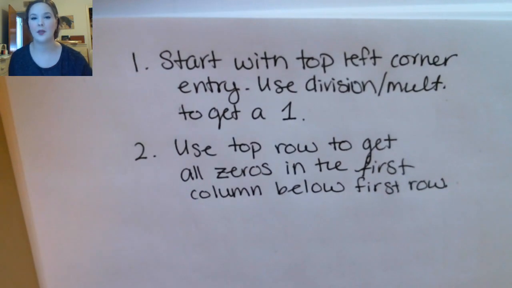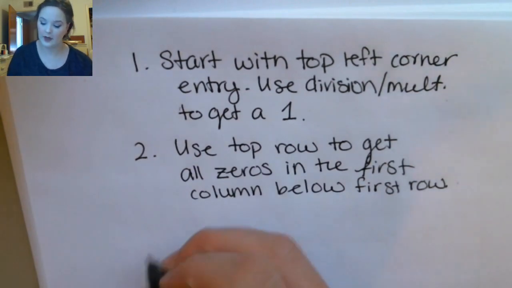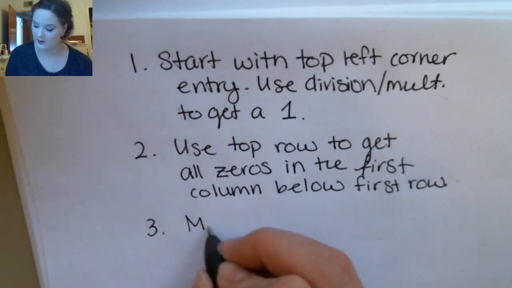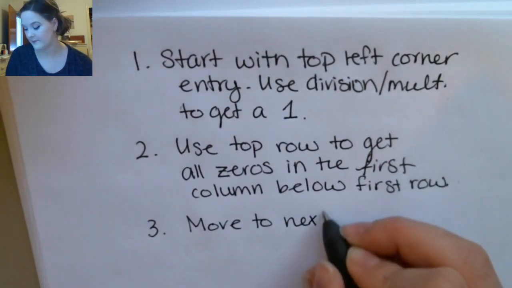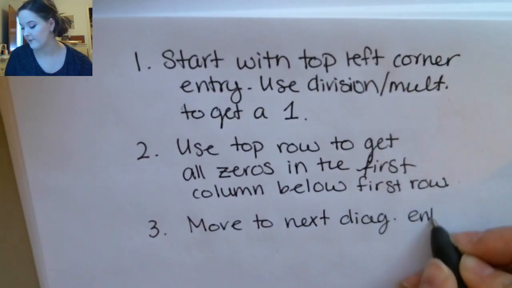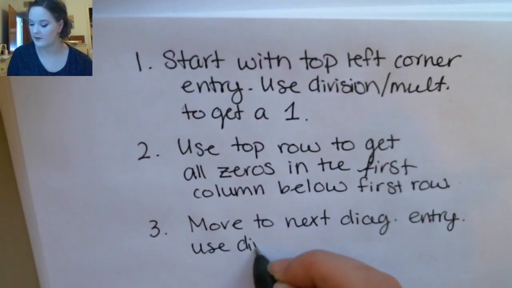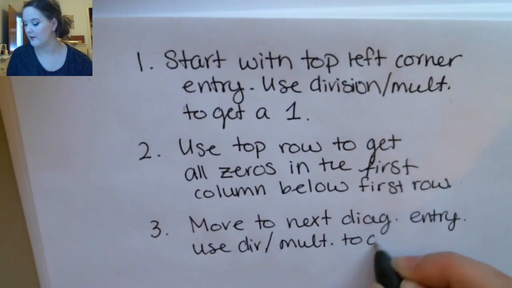So first you're going to look at the top left entry, make it a 1, and then you're going to use that 1 to eliminate the entries below it. Then you're going to move to the next diagonal entry, and you're going to use division to get a 1.